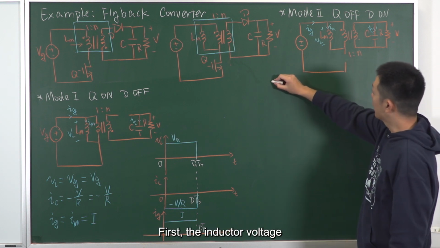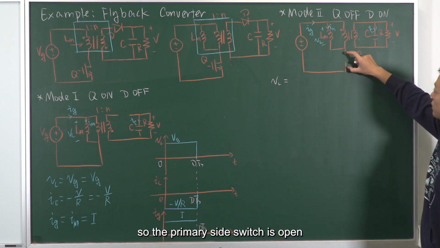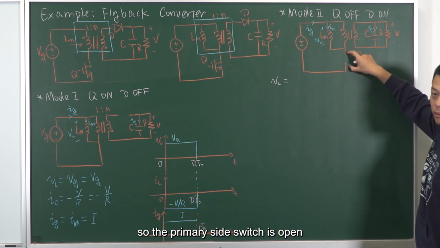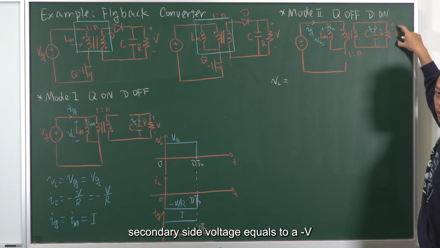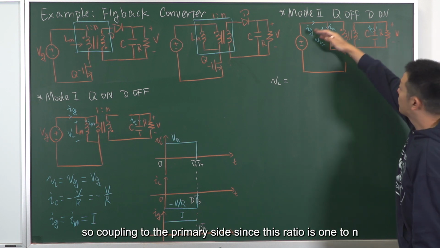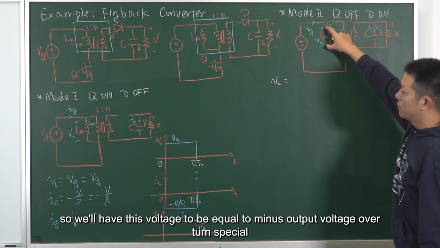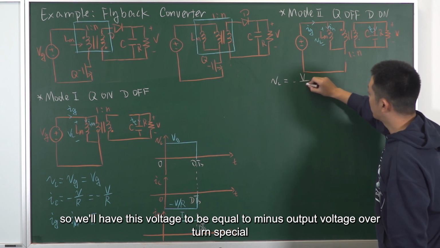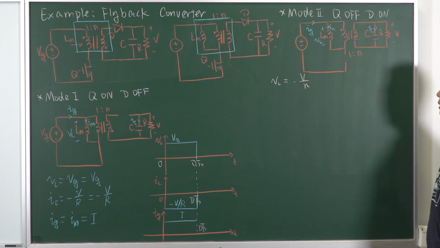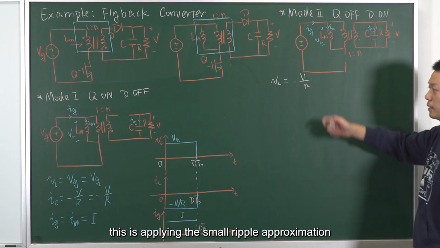First, the inductor voltage. The primary side switch is open. The secondary side voltage equals minus V. Coupling to the primary side, since this ratio is 1 to n, we have this voltage equal to minus output voltage over turns ratio. This is applying the small ripple approximation.